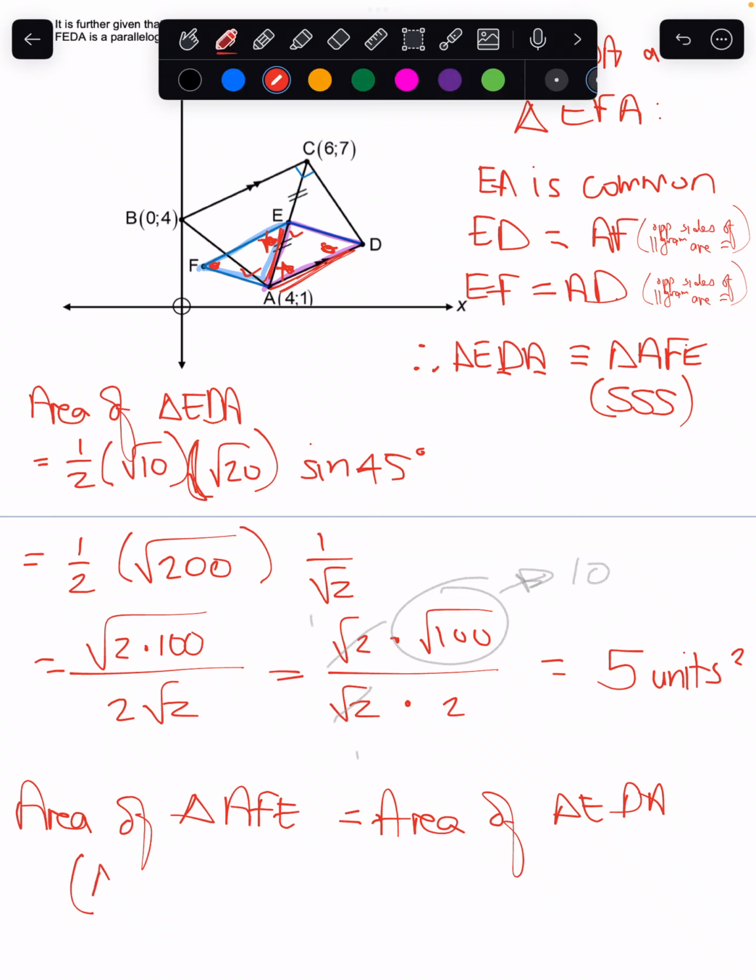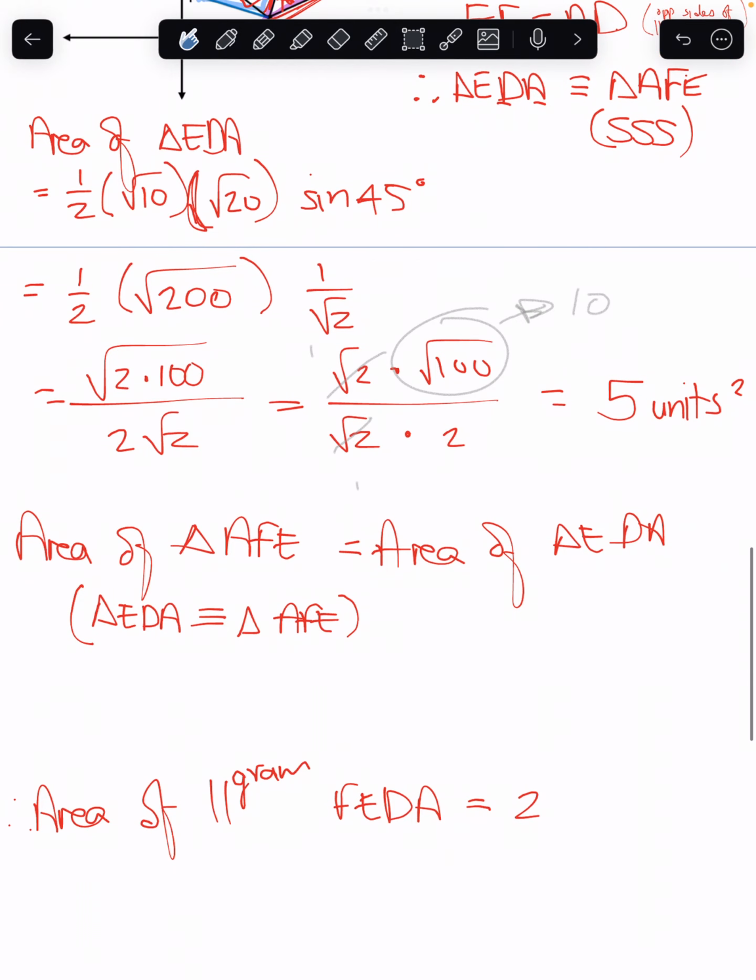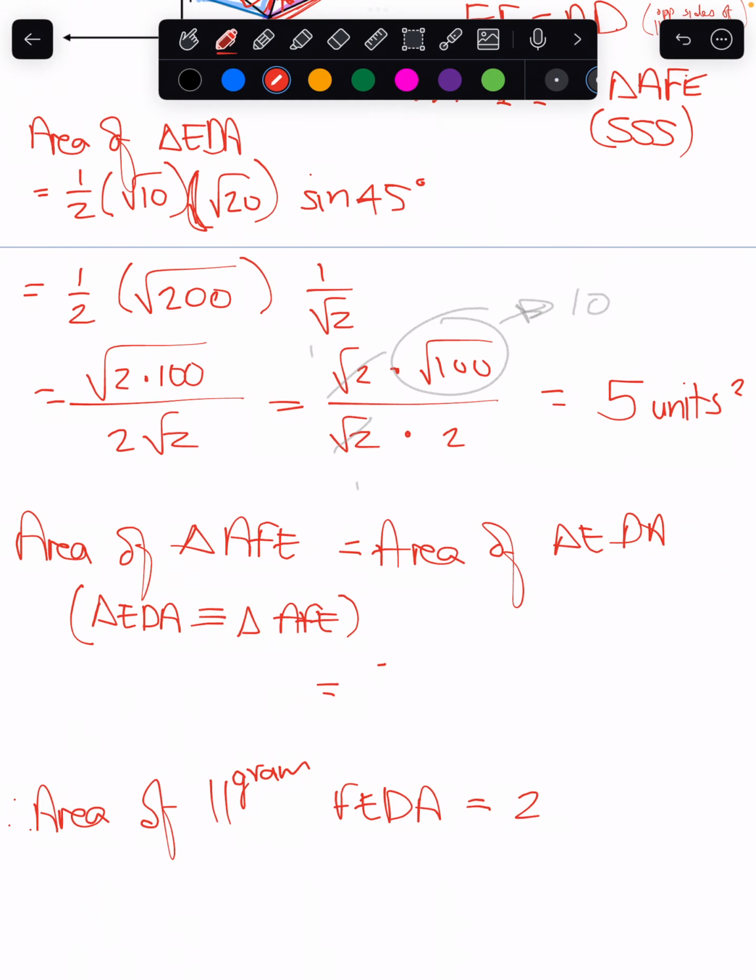Because triangle EDA and triangle AFE are congruent, it is also equal to 5 square units. And so the area of the parallelogram will just be the two of these added together, so 10 square units.